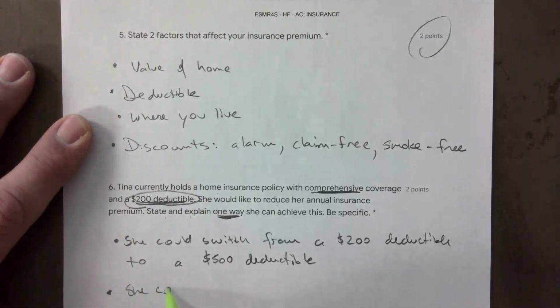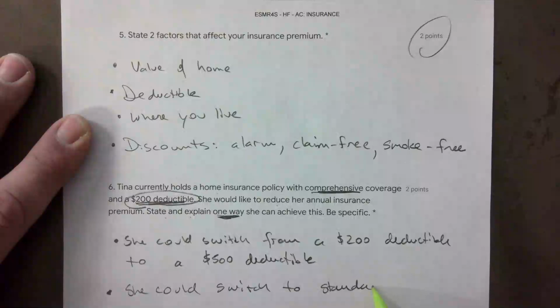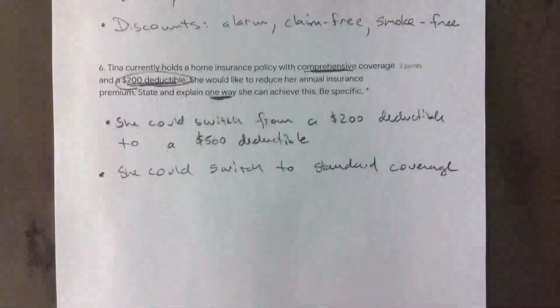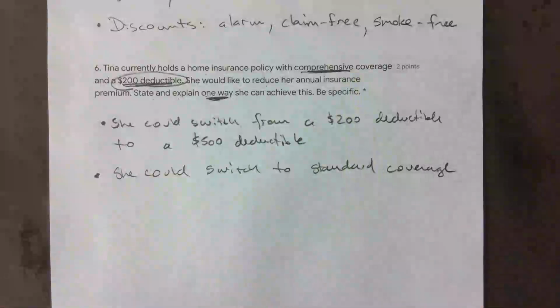She could switch to standard coverage, standard insurance. Sorry, you can't see it. Right, so these were, I gave you two options to mention specifically here. Okay, she could switch to standard insurance.